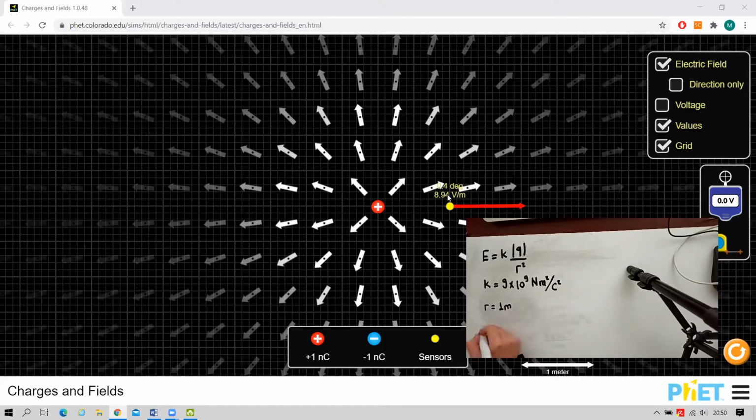The charge value is just 1 nanocoulomb, which is 1 times 10 to the minus 9 coulomb. So you calculate this whole number and check whether this number is true. You can check this by running the simulation.